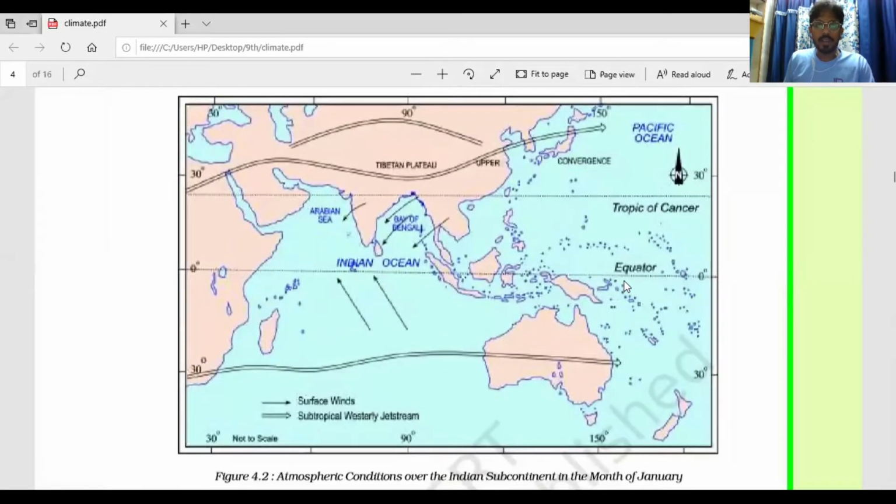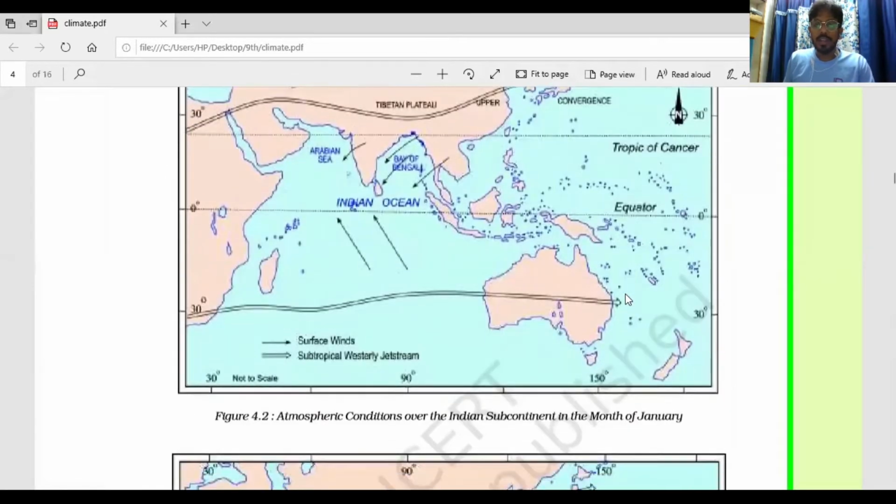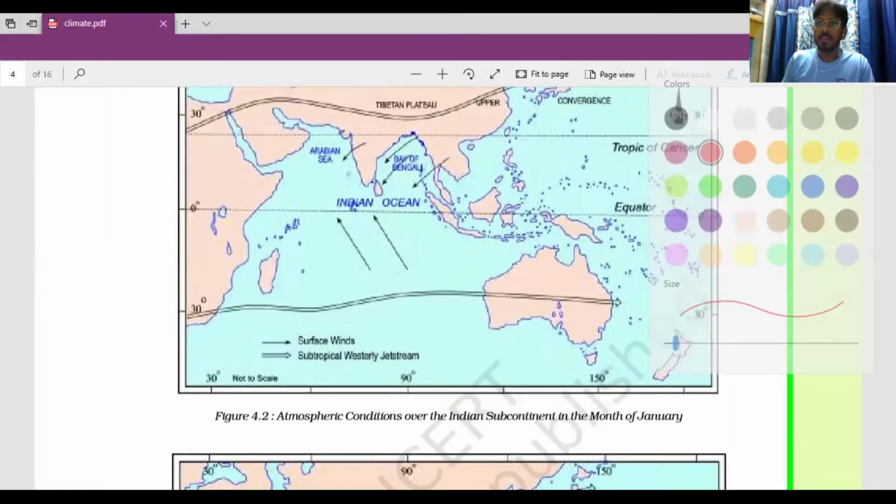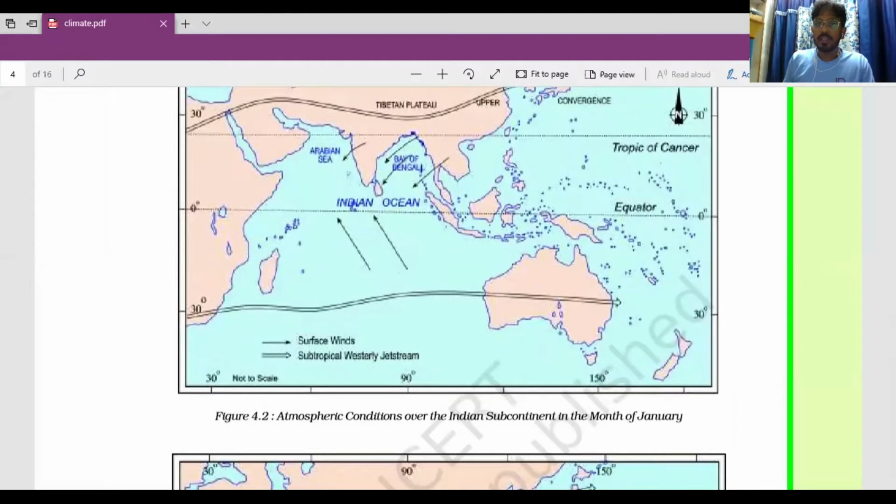What happens in condition over the Indian subcontinent in the month of January? So in January, this one is the equator, at 0 degrees.